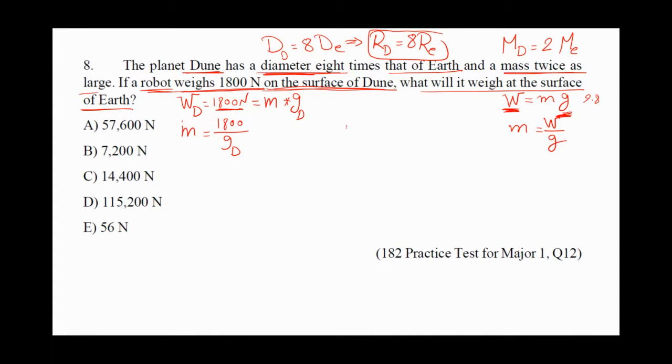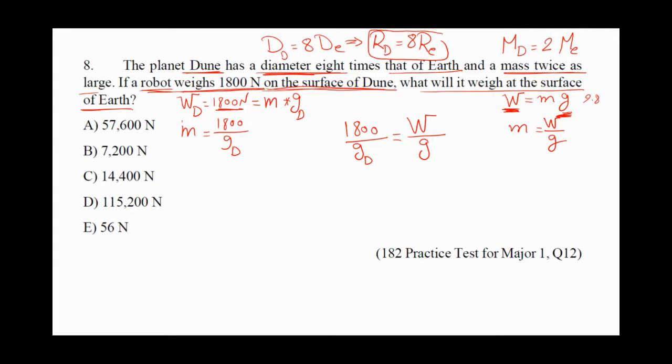So 1800 divided by GD equals the weight on the Earth divided by our G. That's the relation. I know this G is 9.8. So if we can find the relation between the gravity and the other gravity, we can get the weight on the Earth.